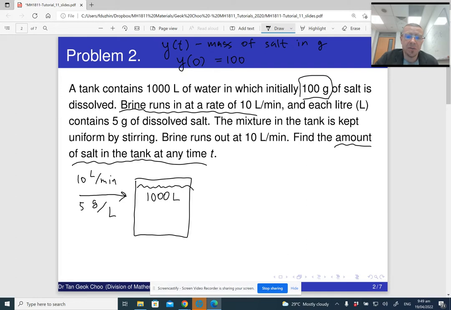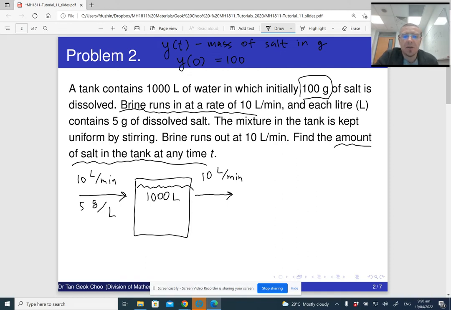At the same time, the mixture that is in the tank is kept uniform by stirring, and this mixture runs out at the rate of 10 liters per minute. Notice that since the rate in and the rate out are the same, 10 liters per minute, the volume of mixture in the tank is not changing, it remains constant.